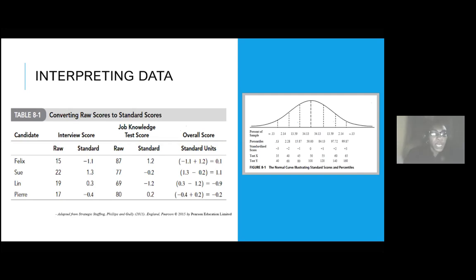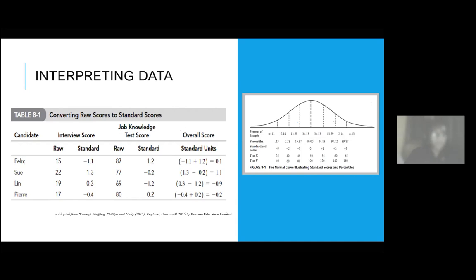So the standard scores for both tests are used to calculate the overall scores. Because we know that back in maths class, if you have an X and a Y, you cannot add them, or you have to bring them to a standard score where you can now calculate. So these scores were calculated to a standard score, and then now we can add, subtract the standard units.